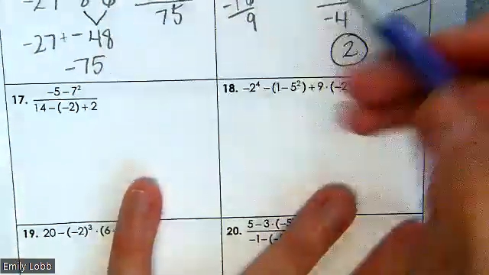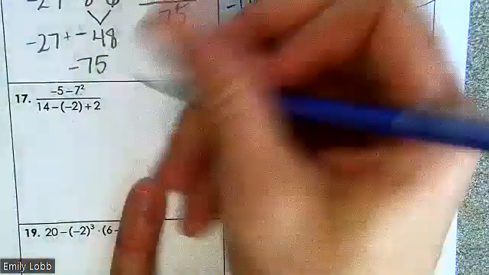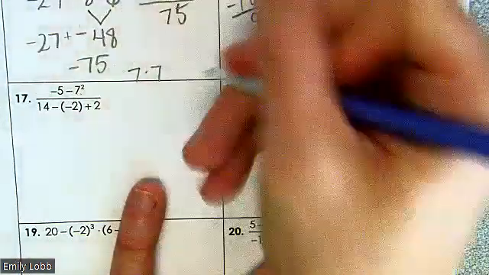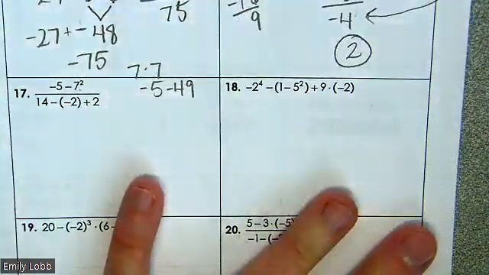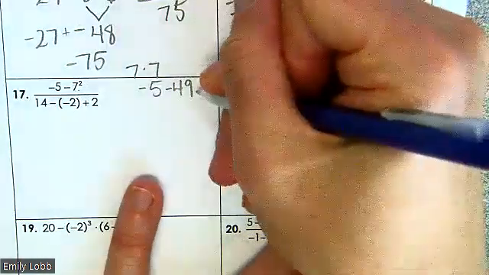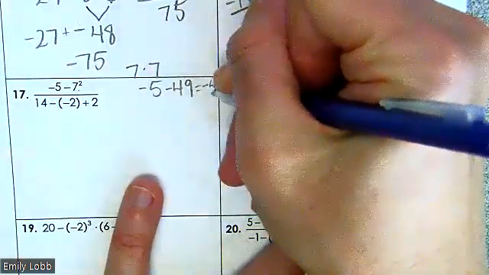All right, exponents first. So we have, good, 7 times 7. So -5 minus 49 is what? -54?